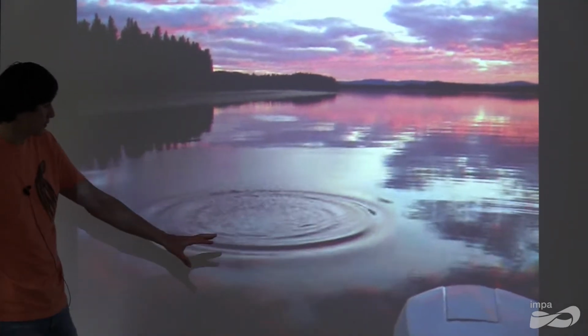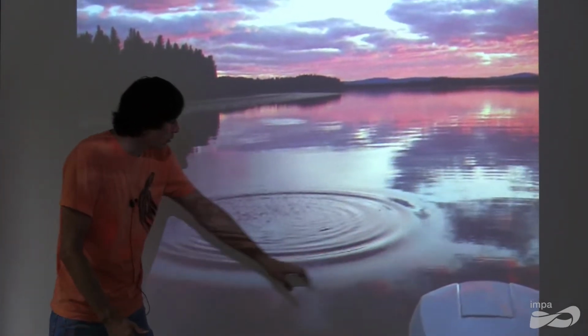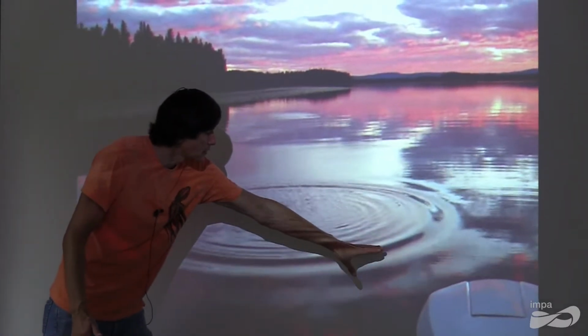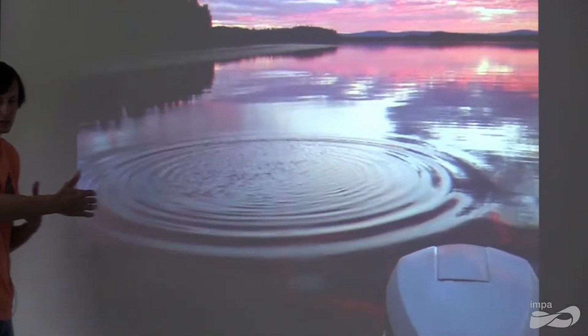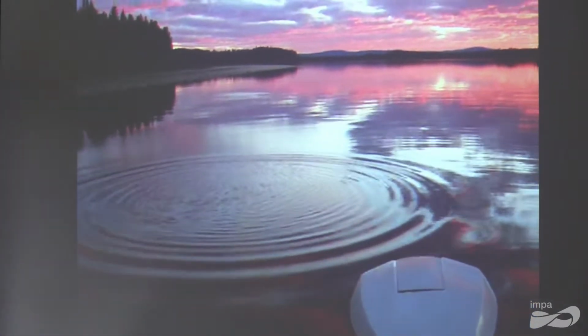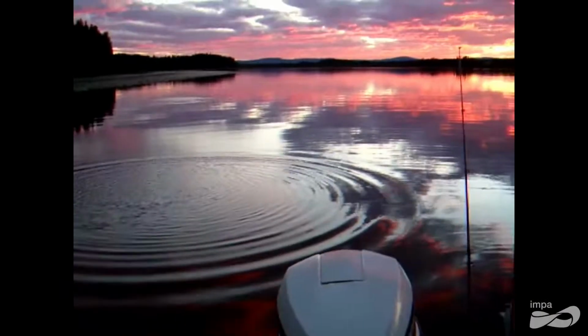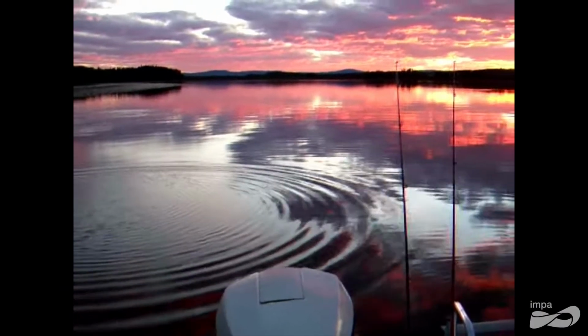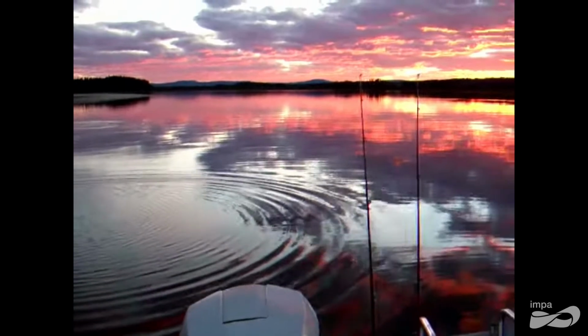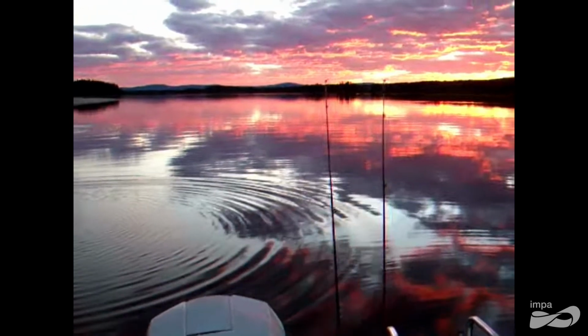So after a certain moment, you see that the longest waves are first, then the shorter wave, then the shorter wave, and the shorter wave. This is exactly the dispersion relation: the longer the wave, the faster it propagates. So that already shows that different wavelengths propagate with different speeds.